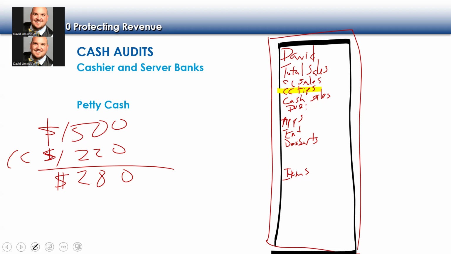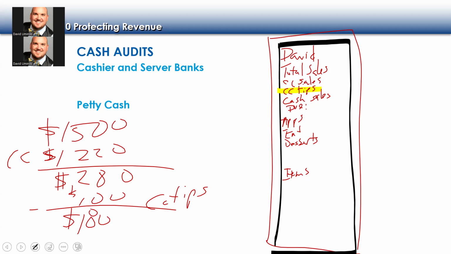So I owe $280 in cash based on my sales. My credit card tips, let's say, were $100. So I would subtract my credit card tips and I would turn in $180. So sometimes that's how that process works.